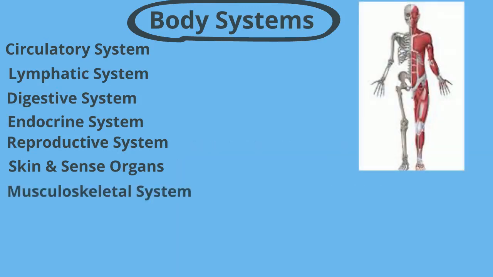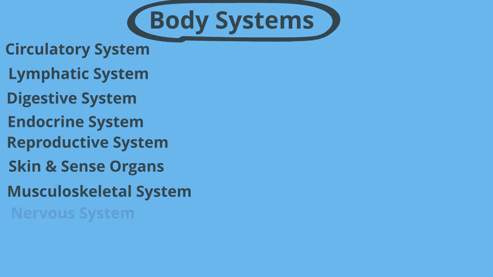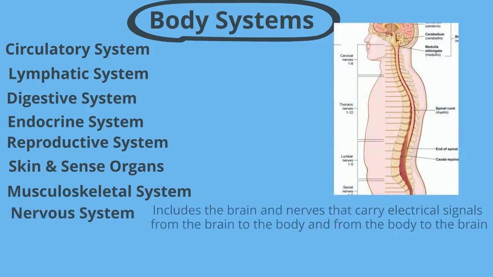The musculoskeletal system includes muscles, bones, joints, and connective tissue that support, protect, and allow for body movement. The nervous system includes the brain and the nerves that carry signals from the brain to the body and from the body to the brain.